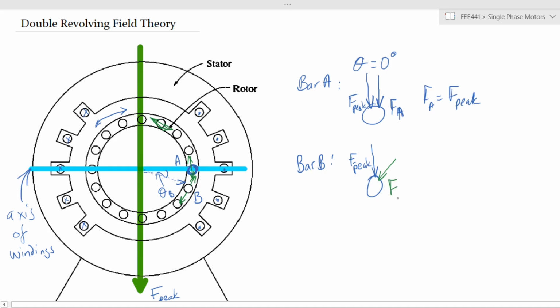So let's look at FB, okay? Now force FB is at an angle to F peak. We talked of the angle between B and the axis of windings being theta B, okay? Now, due to geometry, that angle will be the same theta B. And in the case of this particular rotor, the rotor is divided into 4 times 4, 16 quadrants.